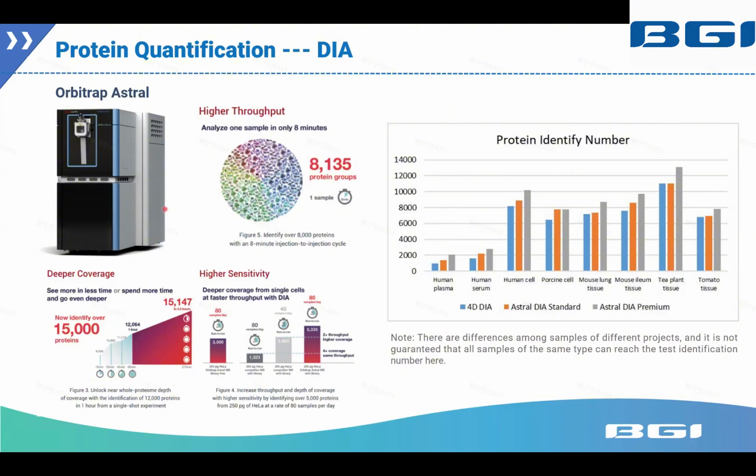At the same time, it has an active new generation mass analyzer, which achieves ultra high sensitivity without losing scanning speed and high resolution. On the right side, you can see BGI's actual test data for different sample types on the different platforms. You can see that the number of identified proteins is higher on the Ultra platform.